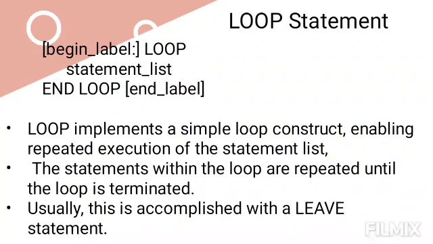The loop implements a simple loop construct, enabling repeated execution of a statement list. The statements within the loop are repeated until the loop is terminated. Usually the termination is accomplished by using a leave statement.